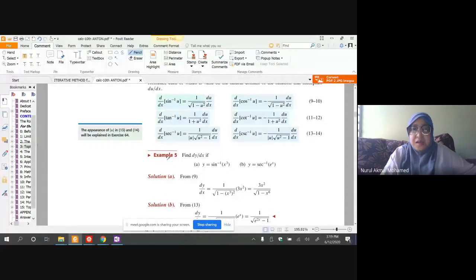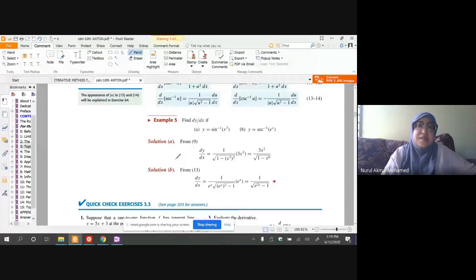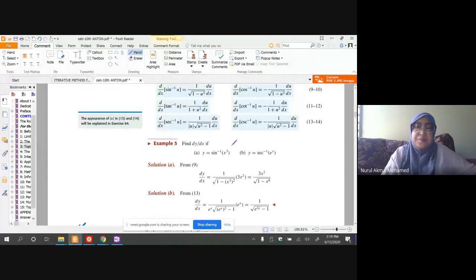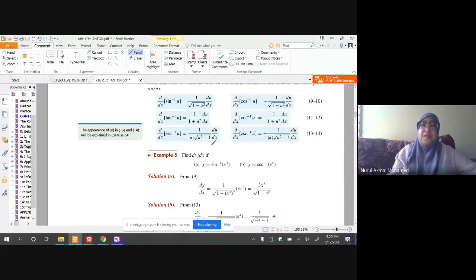Okay, let's see example 5. Find dy dx if y is equal to arc sine of x cubed. So here you have to apply chain rule. The u is x cubed.